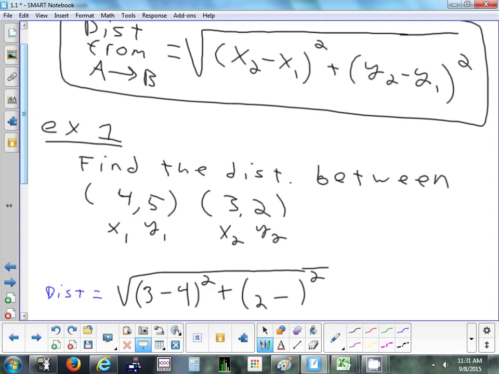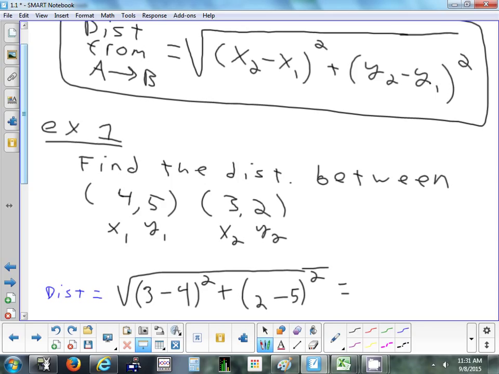Yep, 2 minus 5. Would it have made a difference if he did 5 minus 2? Well, normally if you do 2 minus 5 or 5 minus 2, you get a difference, but then we're going to square it. So would it make a difference if we square it? No. All right. If he did 5 minus 2, he would have gotten positive 3. Squared is 9.